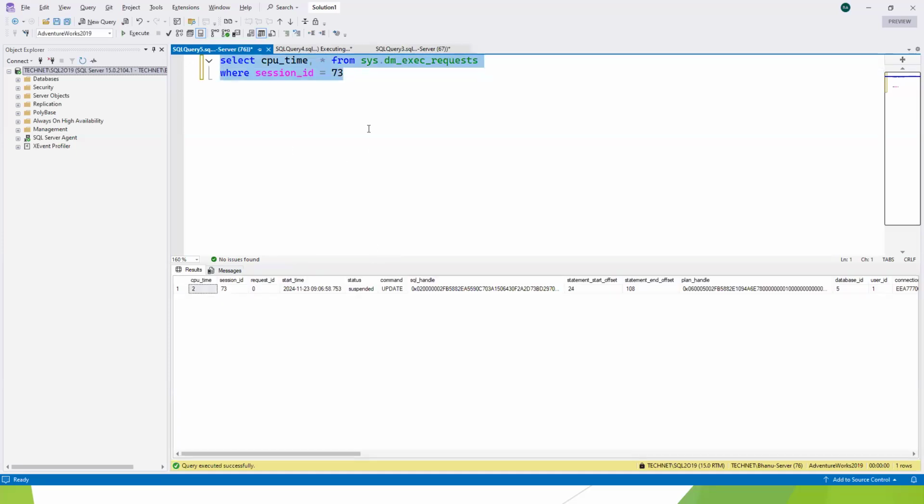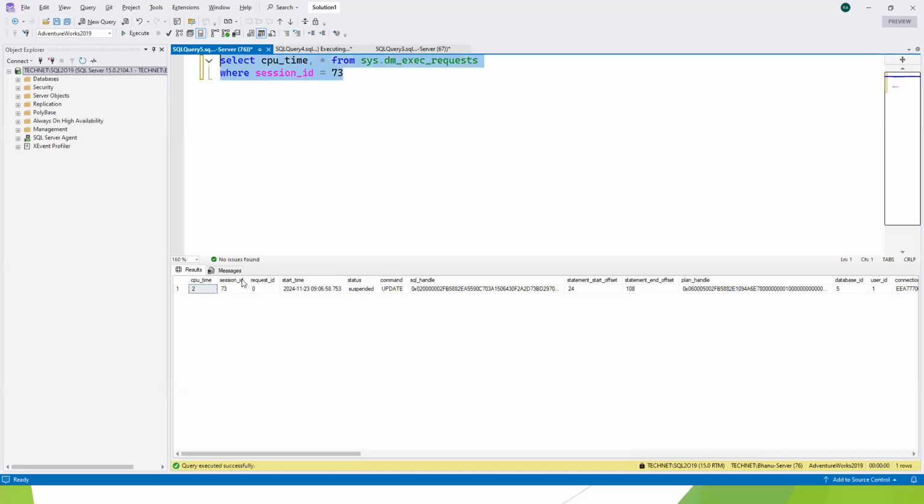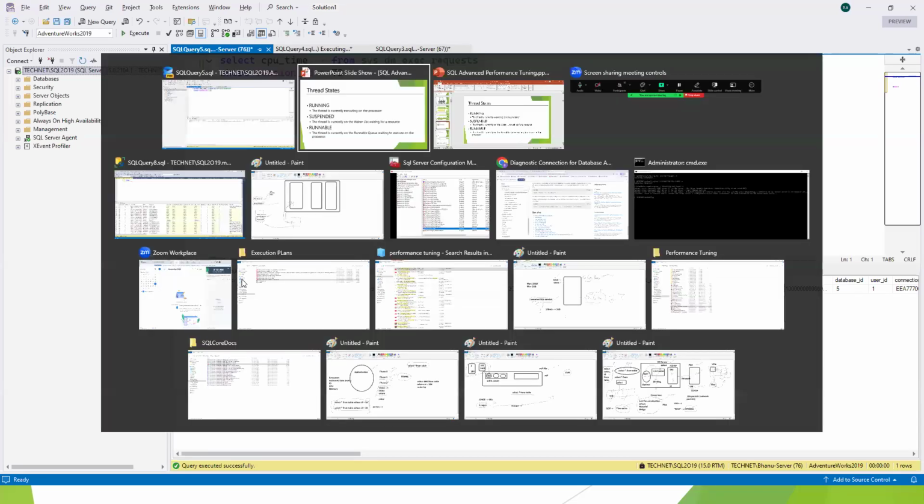Is it clear? The thread is assigned. The thread is waiting for some resource. That is the reason it is showing as suspended. But you don't see CPU increasing, because it is not currently running on the CPU. It has come out of the CPU and is waiting in the waiter queue.